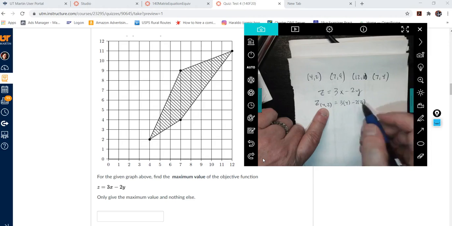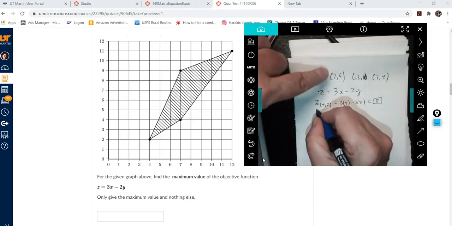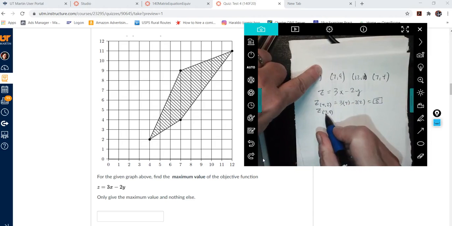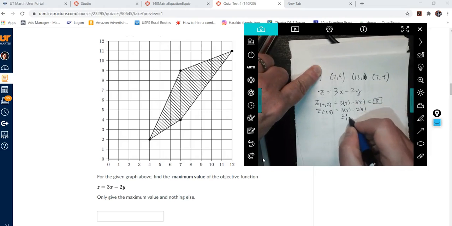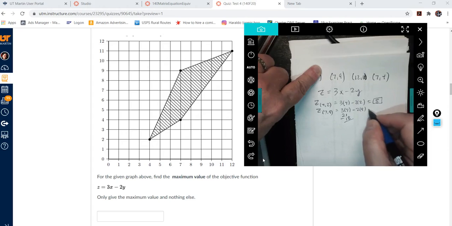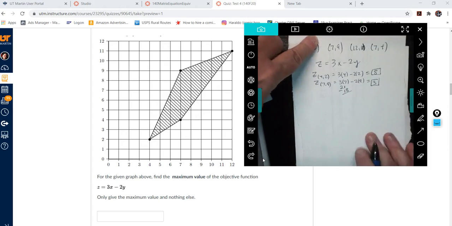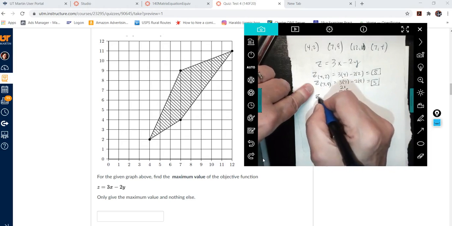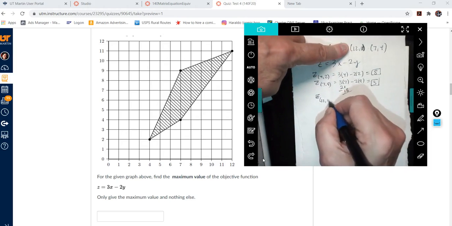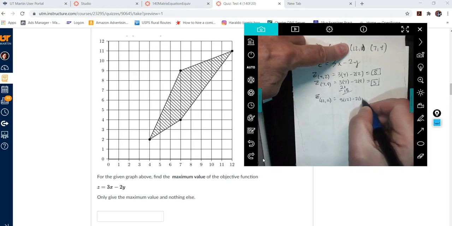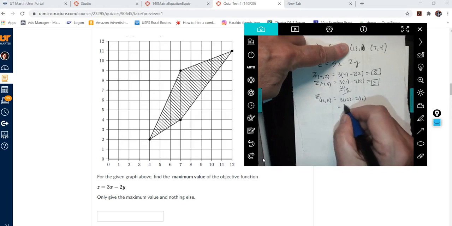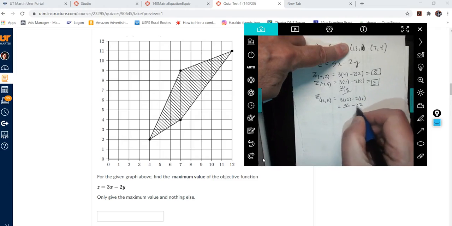So what happens there? I plug in 4 for x and 2 for y. So that's going to be 12 minus 4, which is 8. And now what happens if I plug in x as 7 and 9 for y into this equation? That's going to be 21 minus 18, which is equal to 3. Okay, so what if I have 12 for x and 11 for y? 3 times 12 is 36, minus 22.